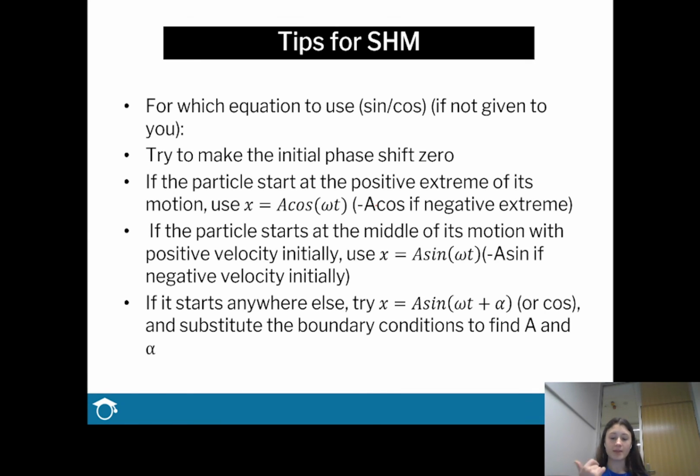If the particle starts at the middle of its motion with positive velocity, then use positive sine, or negative sine if it's negative velocity initially. If it starts anywhere else, then you'll need to use a phase shift; sine or cos probably doesn't matter, and then substitute the boundary conditions to find A and alpha.